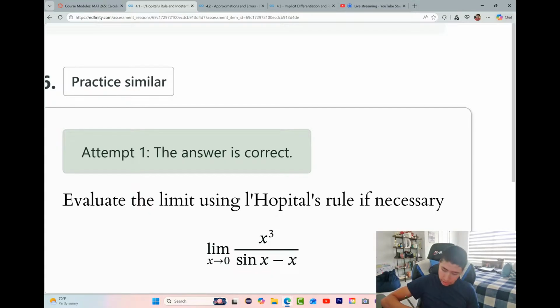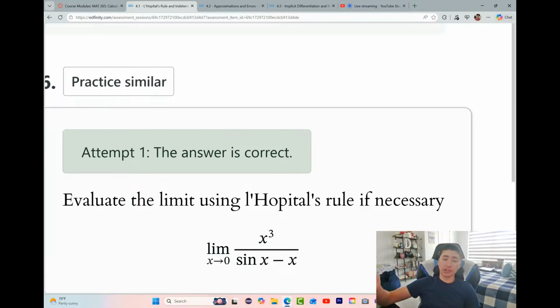Now, is that an indeterminate form? Let's plug in 0 again. 3 times 0 squared is 0, so we get 0 in the numerator, over cosine of 0, which is 1, so 1 minus 1, and that's also 0 over 0.